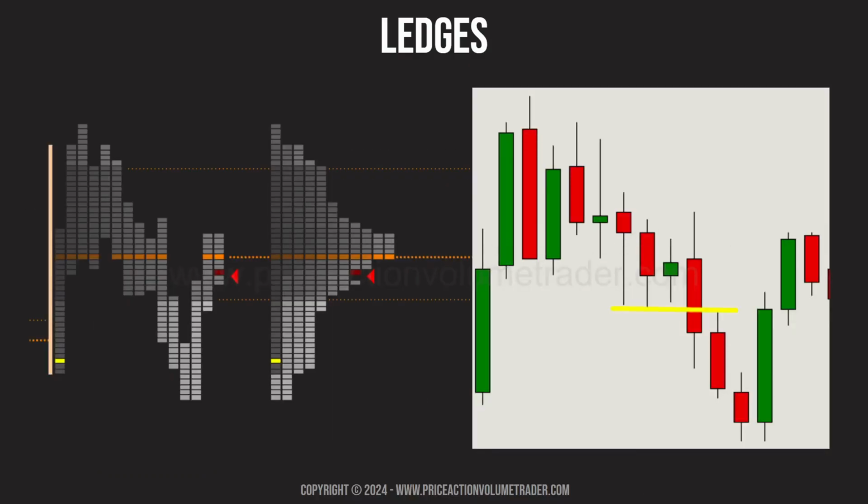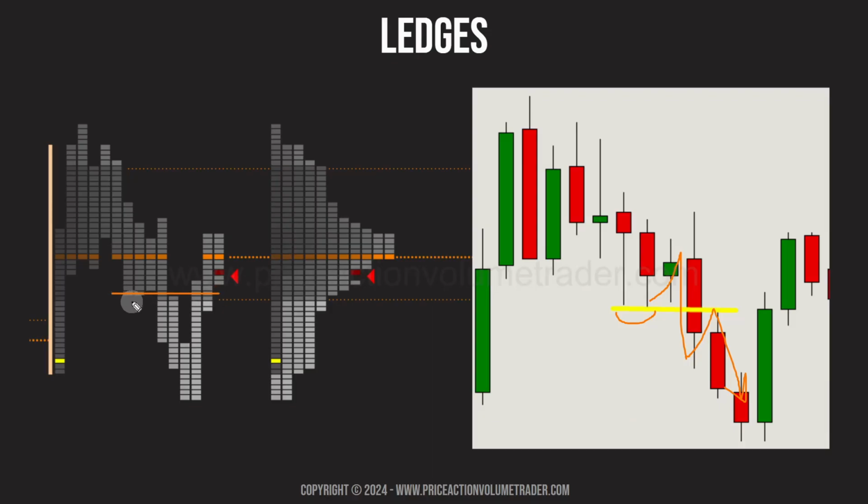And here's another example. This is a 30-minute chart again, zoomed in. You have these 2 wicks at the same price levels. Market then comes and breaks down, and immediately on the next candle we push up and retest that ledge and continue pushing down. And you can see it on the TPO.